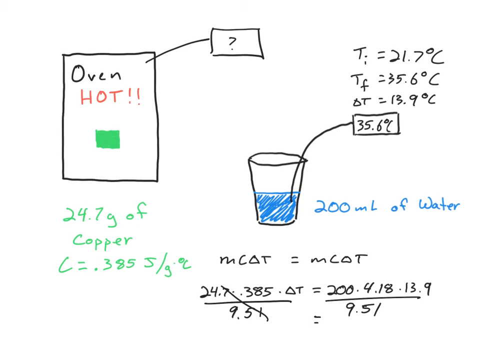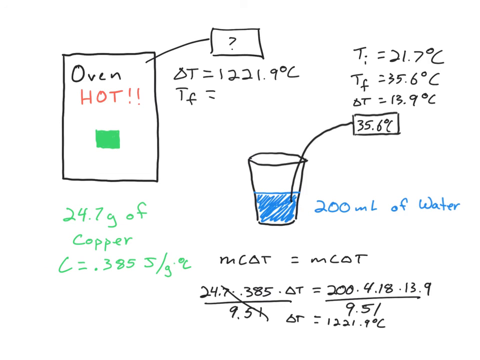All right, so we get a delta T of 1,221.9 degrees Celsius. That's my delta T of my hot oven. So what is the temperature of my hot oven? Well, I have to take my delta T of 1,221.9 degrees Celsius, and I'm going to add to it the TF of the metal, right?